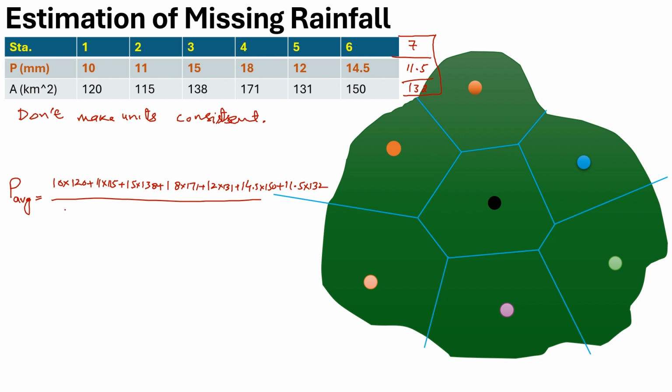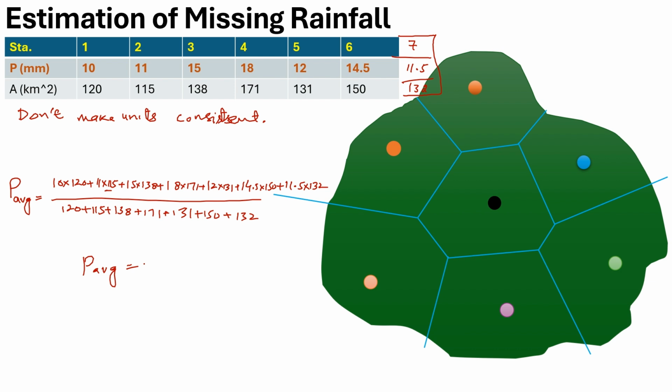You will write this term: 120 plus 115 plus 138 plus 171 plus 131 plus 150 and 132. Just use the calculator to calculate the final answer of this average precipitation. I will take some seconds to calculate it.